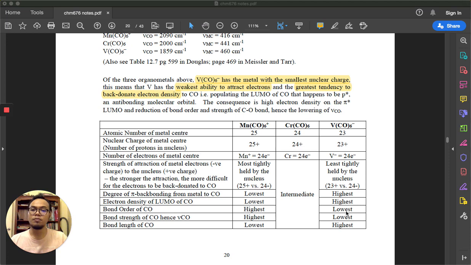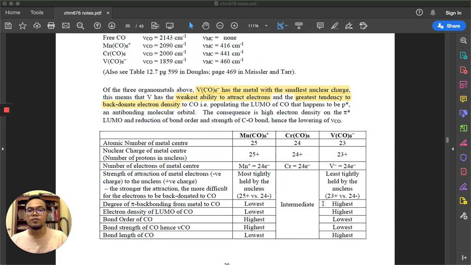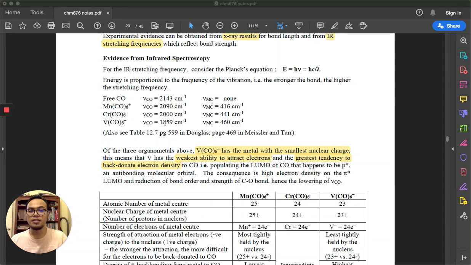Consequently, the bond strength would be lower, and your bond length would be longer. The longer the bond length, the weaker it is. So this can be seen from the IR frequencies. Lower IR frequencies for vanadium, which can be seen from these values.